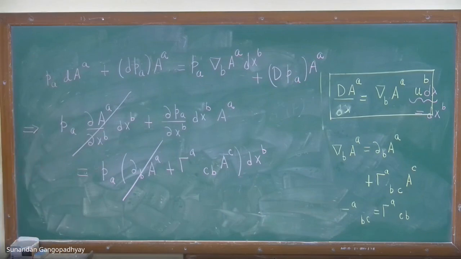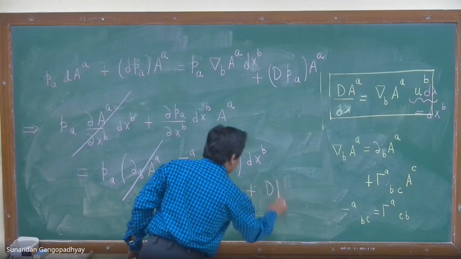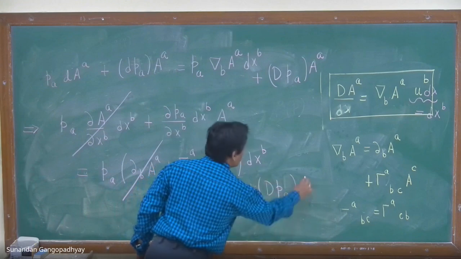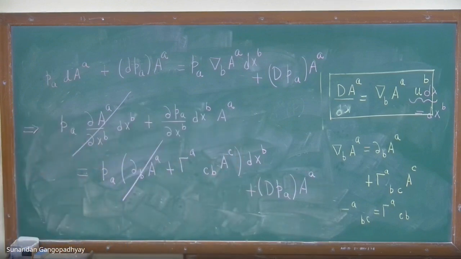So now what do we have? So this cancels. Did I miss any term? There will be another term, capital Dp_a. Where did I miss it? The last Dp_a, the last term, I missed it. So you have a term.